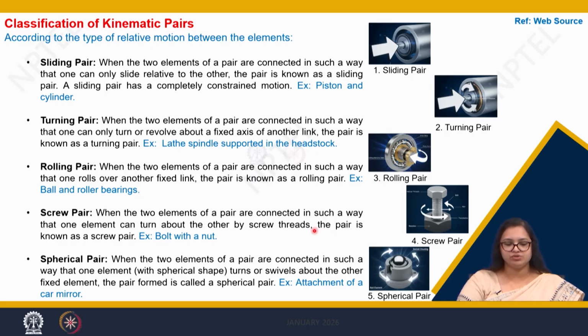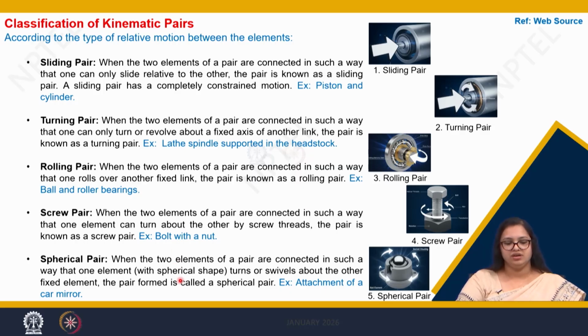Now, the screw pair: the best example is a nut and bolt, which many of us have seen. In one element there is a thread, and there is a nut which moves over this thread. We call it a screw pair.